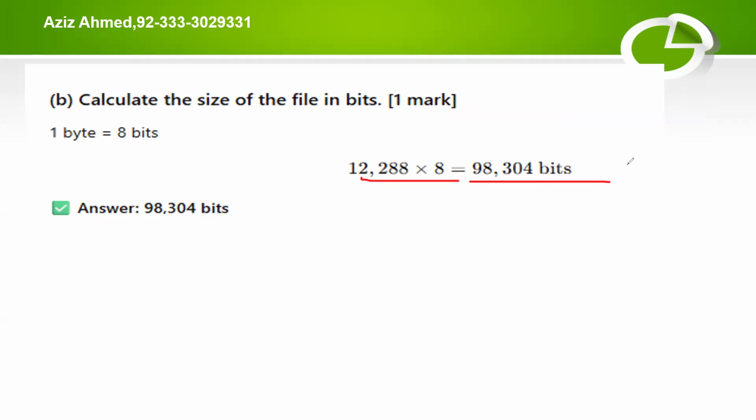Now, got the idea? It says 1 byte is equal to 8 bits. Yes, so you have already calculated this one. This is in bytes, so if you multiply by 8, you will get the number of bits.